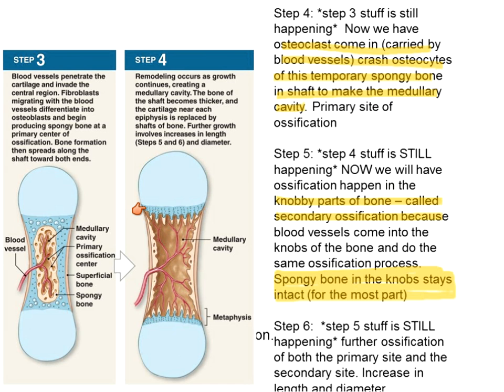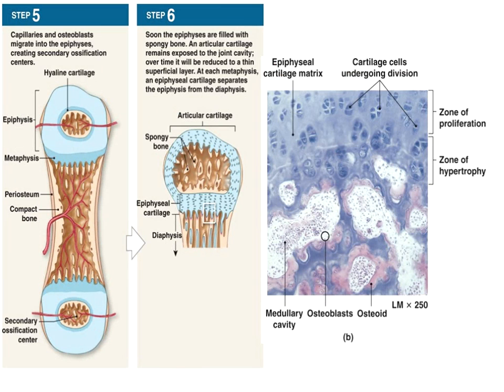If it does, we've got a problem there, because then the bones aren't going to get any longer. So this would be your growth plate. And when they take x-rays, they can look to see how much cartilage is there, and they can extrapolate that data and figure out how much growing you have to do, or if you're done growing, if it's just an epiphyseal line. So here is that growth plate, that epiphyseal cartilage there.